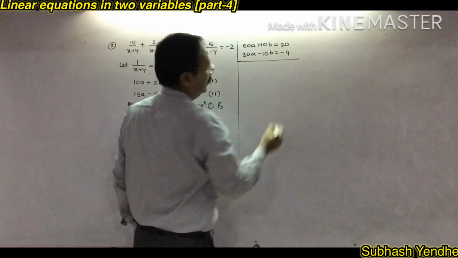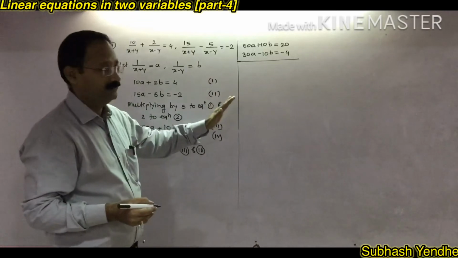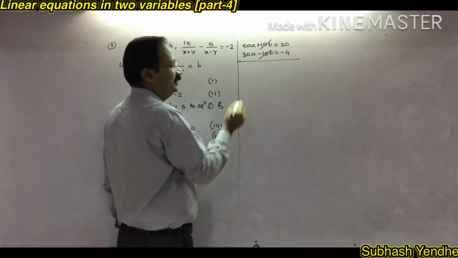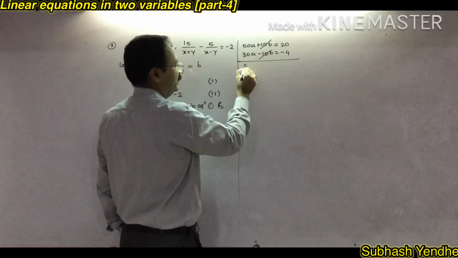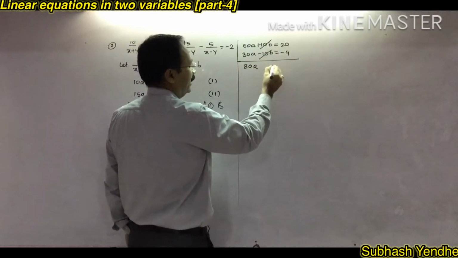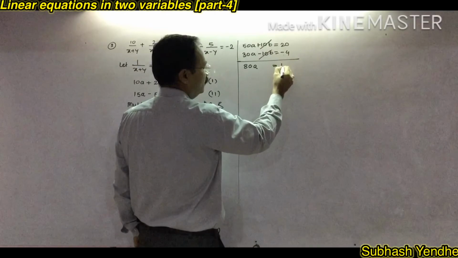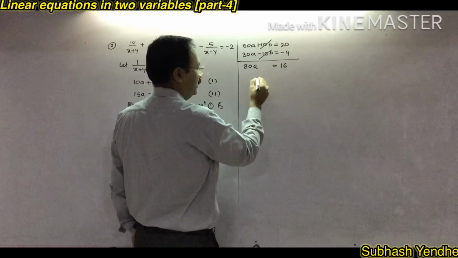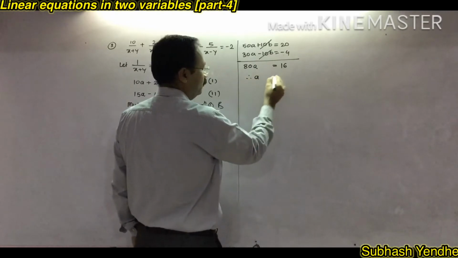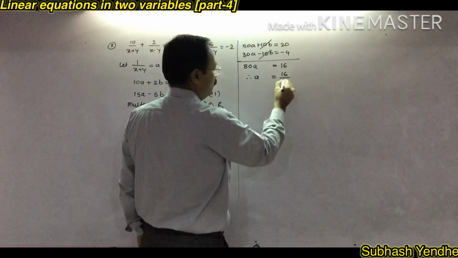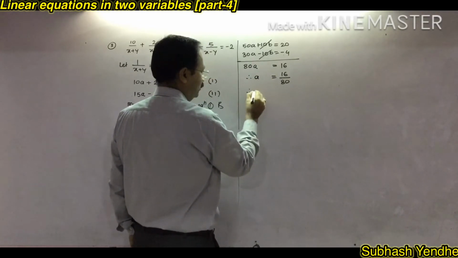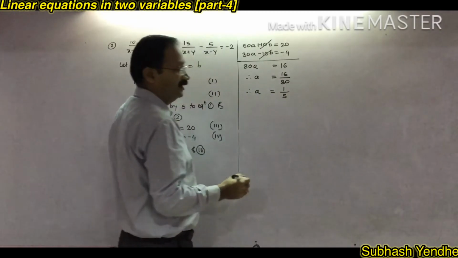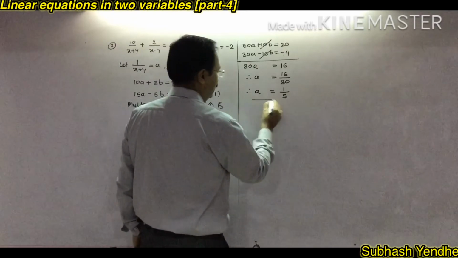While adding, remember, don't change the sign. So here plus 10b and minus 10b will be cancelled. So you will get 80a, and 20 minus 4 will be 16. So 80 goes on that side. Therefore, you will get the value of a as 16 upon 80, and you know the table, 16 1s are 16, 16 5s are 80. So a equals 1 upon 5. This is the value of a.